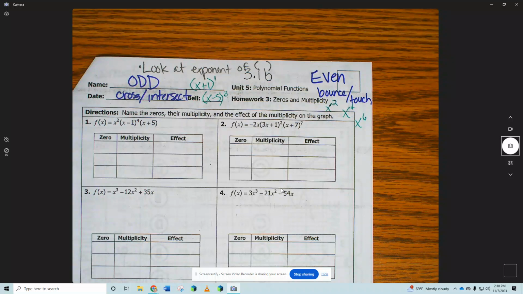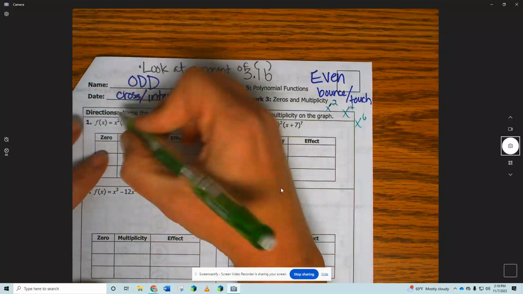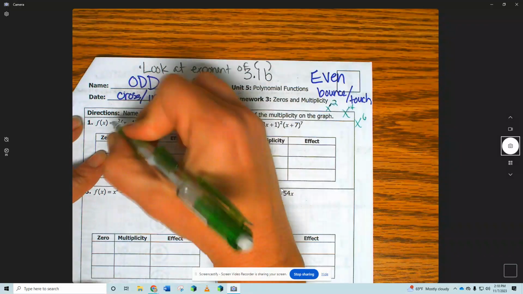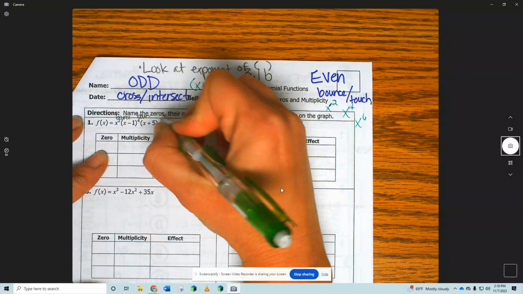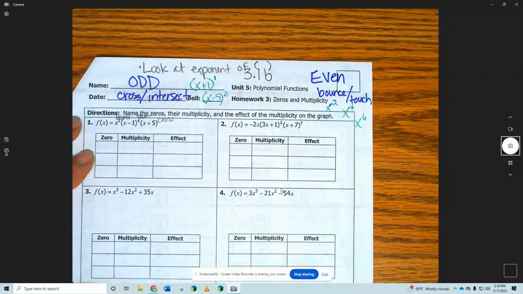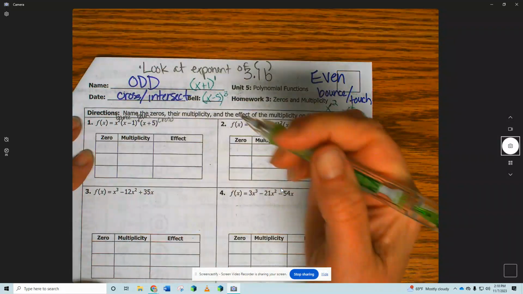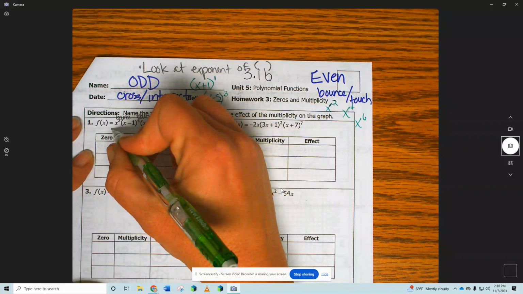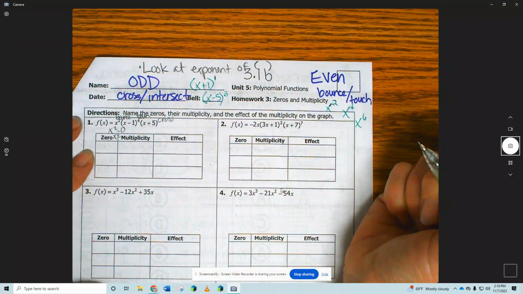Okay, now, tell me what the zeros are. Bounce, bounce, cross. Okay. Set everything equal to 0. X squared equals 0. What is x going to be? Solve, guys.